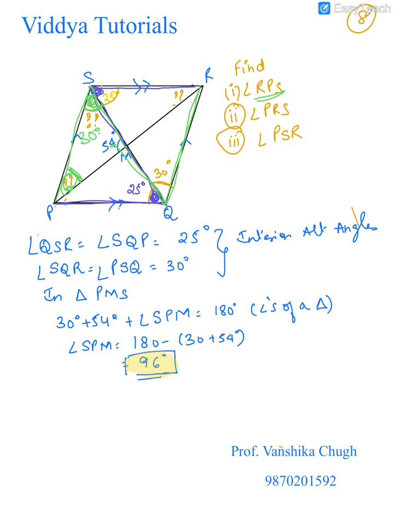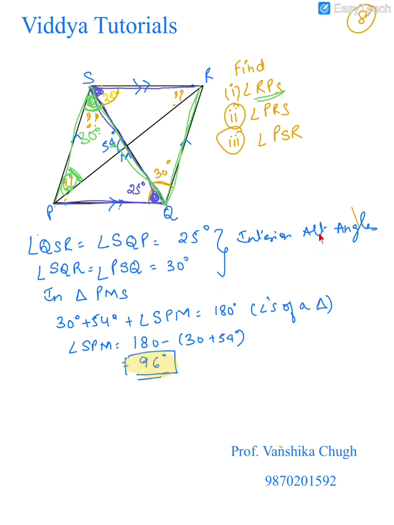So I have written down the steps for you all. First I have written angle QSR, means this angle is equal to angle SQP, 25 degrees, interior alternate angles. And similarly I had SQR given to me as 30, which is equal to PSQ, which is 30.